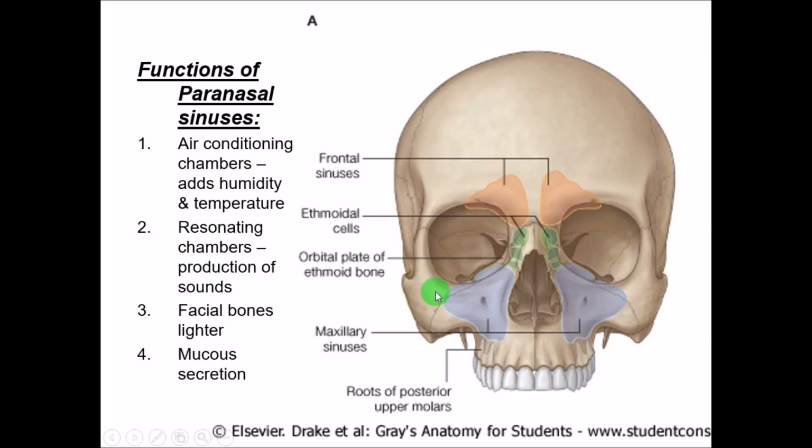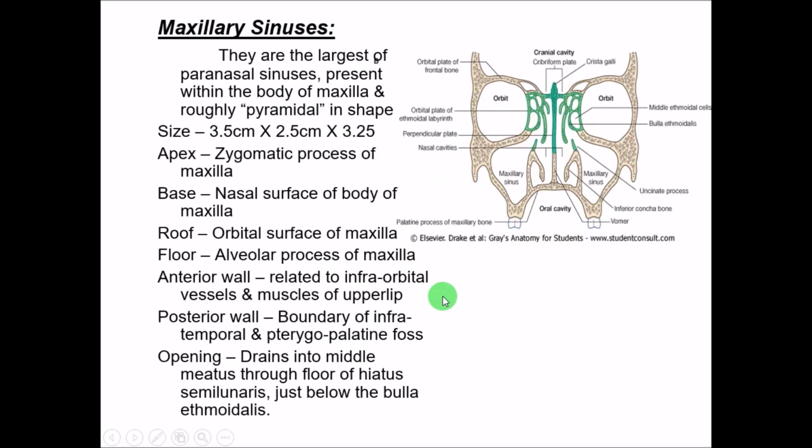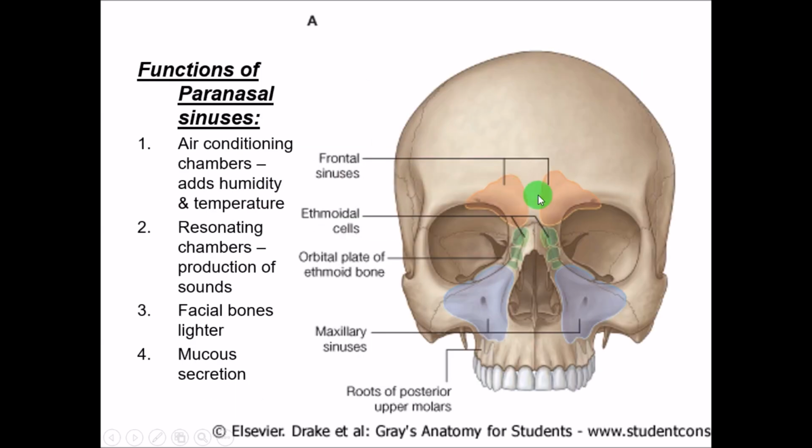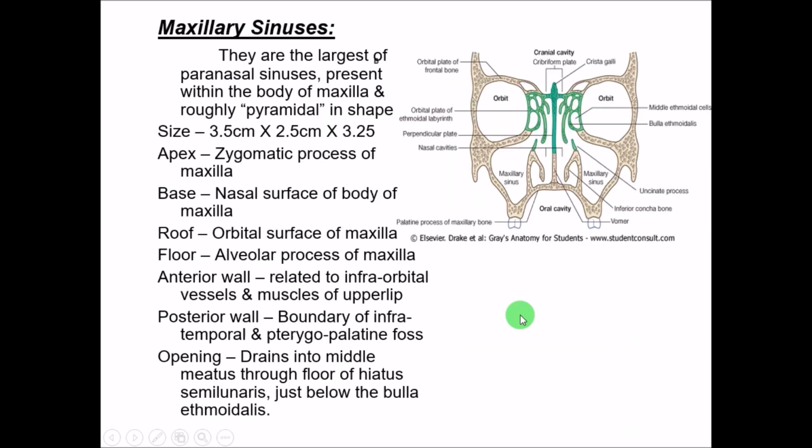Here is the zygomatic process, and this is the apex of the maxillary sinus. Then the base is toward the nasal surface of the body of the maxilla, so the base will be here toward the nasal cavity.